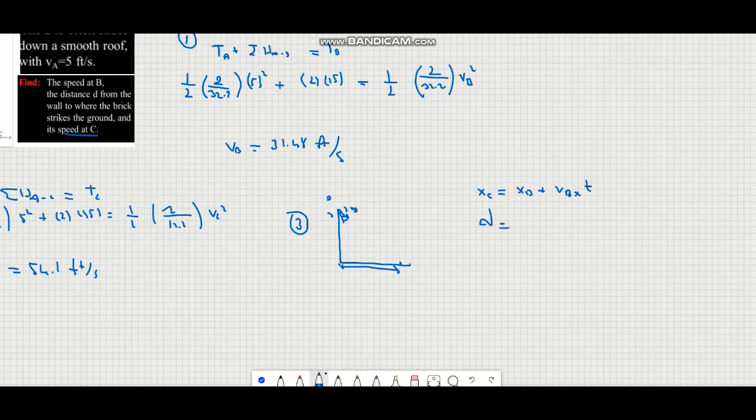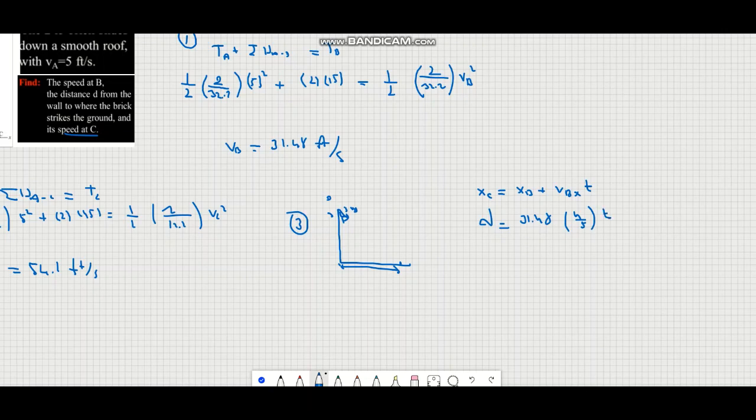What is VB? It is 31.48. We need to multiply by 4/5 in order to find the horizontal component, which is cosine theta, 4/5, and t.